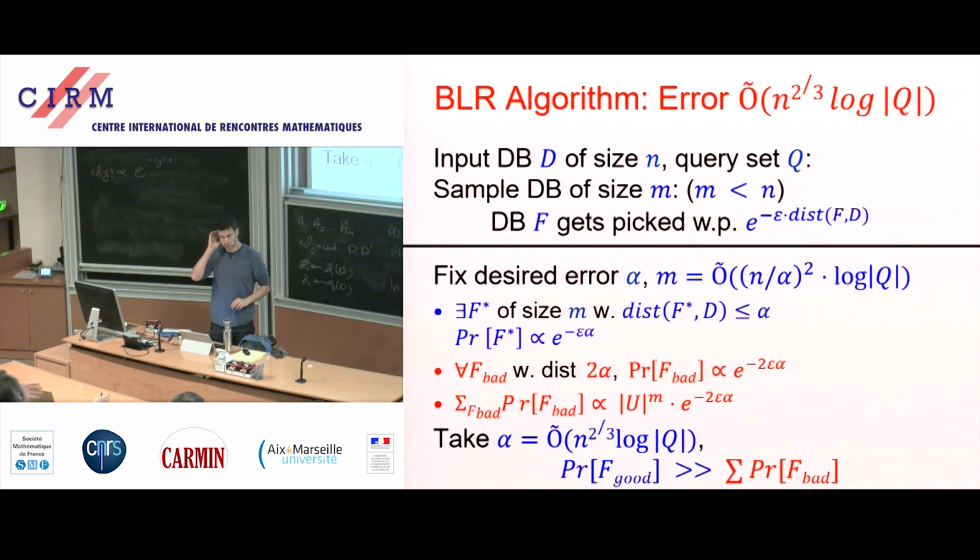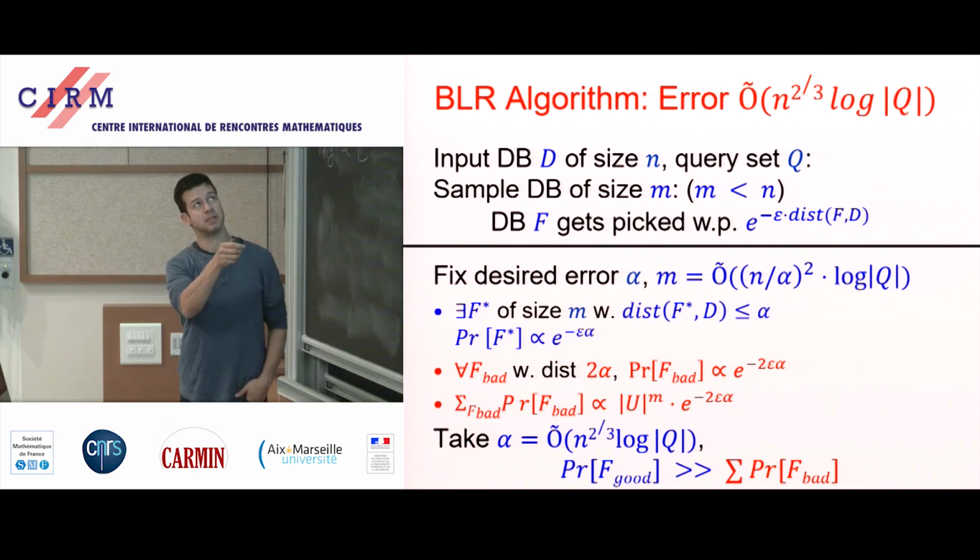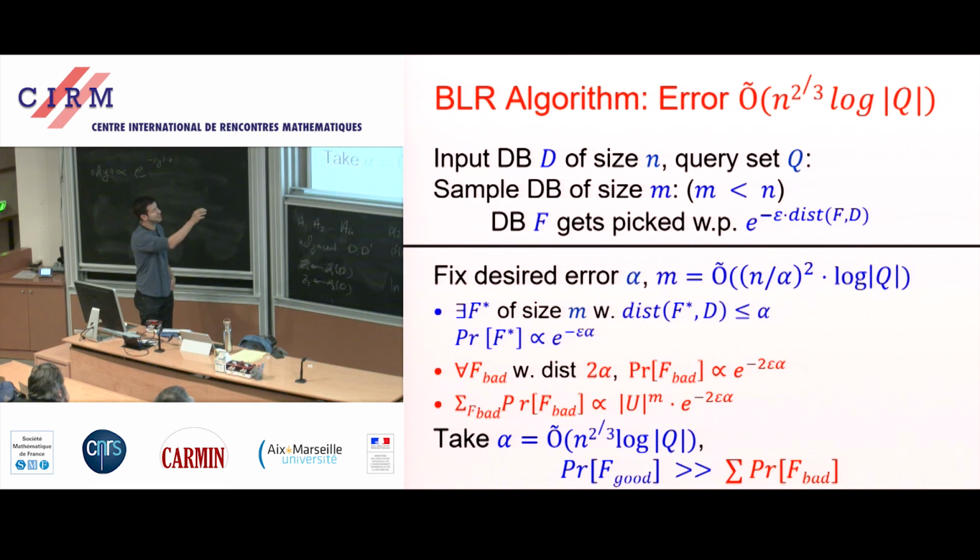So the algorithm is very simple, right? I look at every possible data set of size m. The size m is fixed. We know what it is. So it's n to the 2/3. I have my input database of size n, and I have a candidate data set of size n to the 2/3.